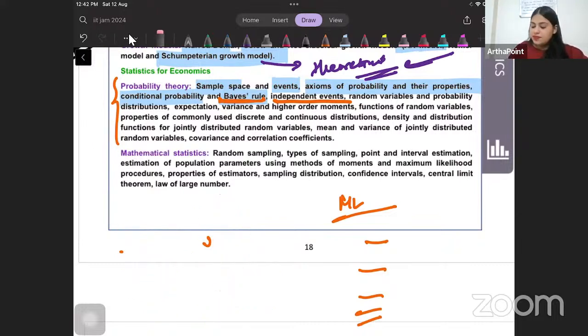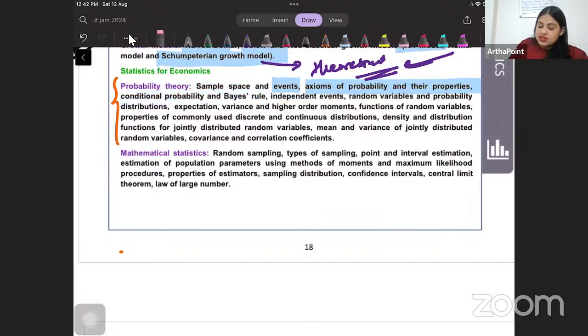Then beta next is random variable and probability distributions. ye inhone jaise hi likh diya na, this itself is a very big thing. You have to go ahead and know all kind of probability distribution. ये अपने आप में is a very big topic. Okay. अच्छा, कभी कभी they will ask you question on joint probability distribution. So you have to be aware about that also. Random variables, you must be aware about that also. ठीक है?